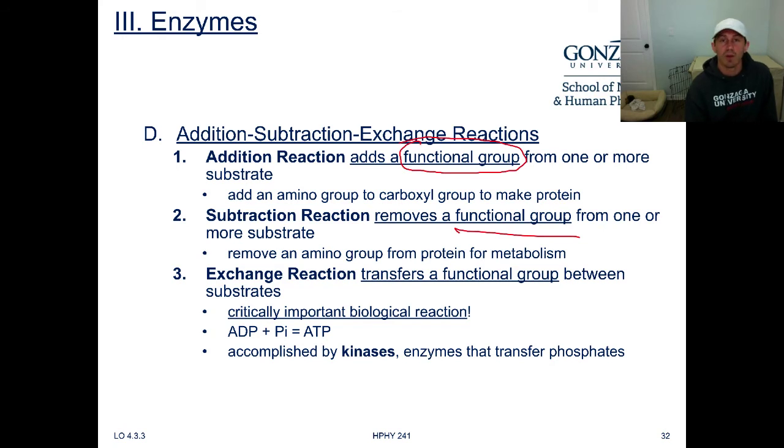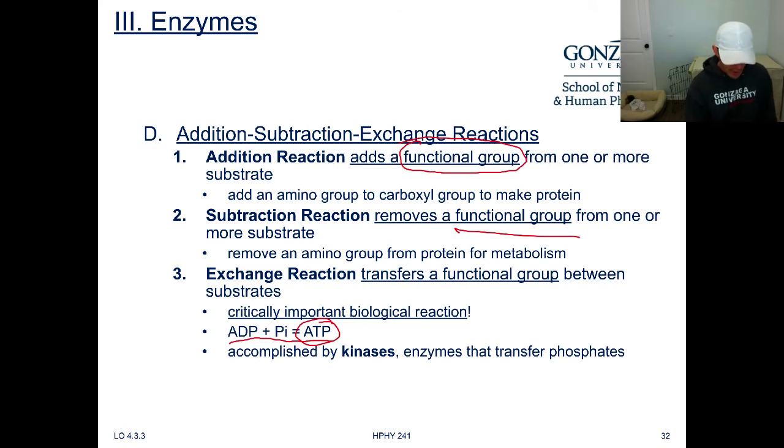This is really important for metabolism, because it is this process of ADP: you're adding a functional group, a phosphate group, to ADP to produce ATP. That's an exchange reaction. Okay.